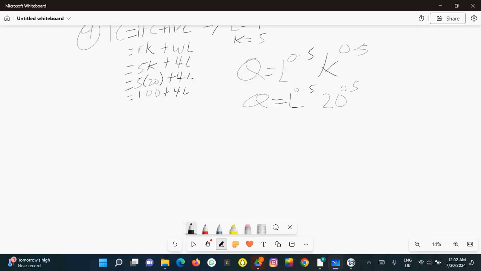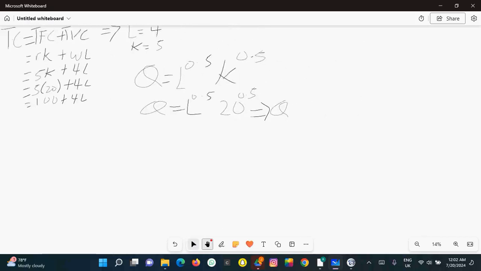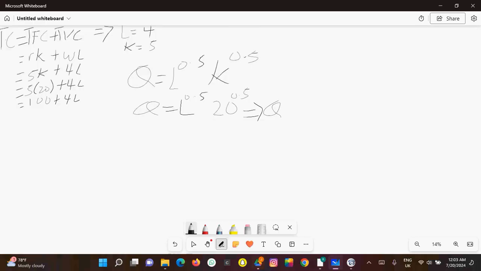So now this is also equal to Q equals 20^0.5 times L^0.5.